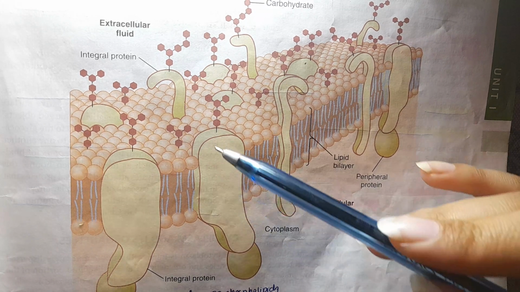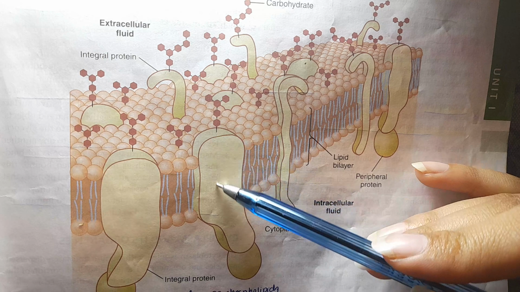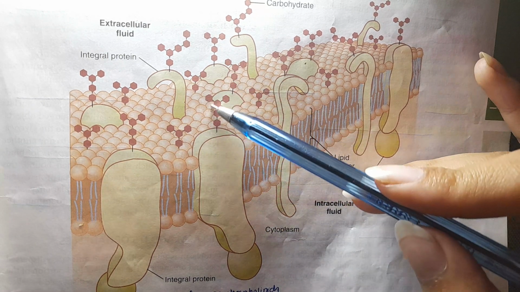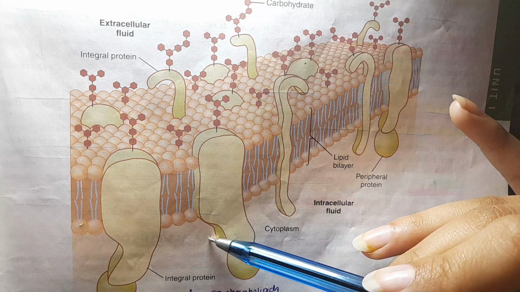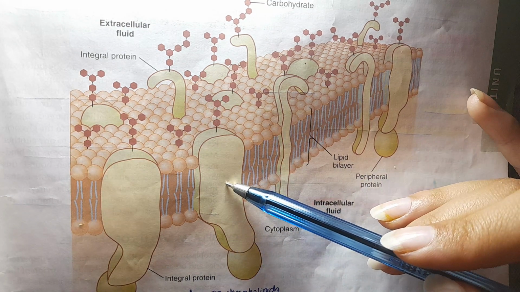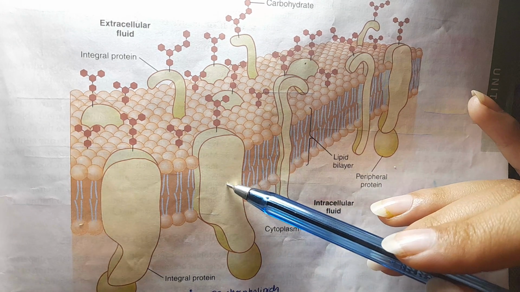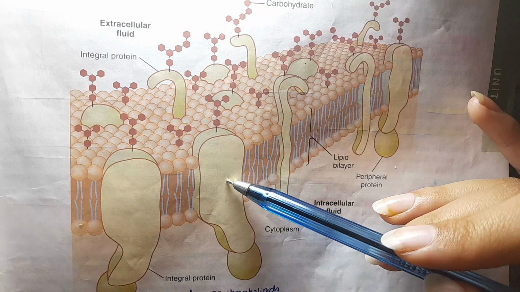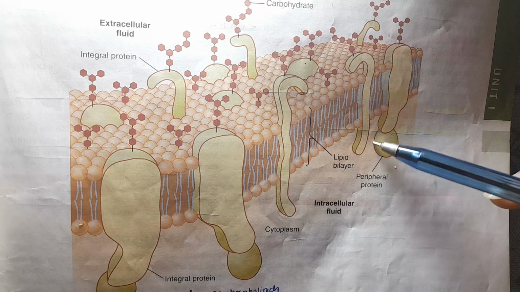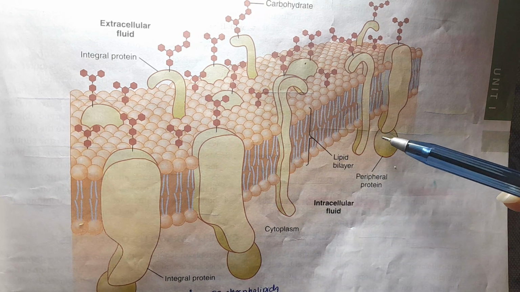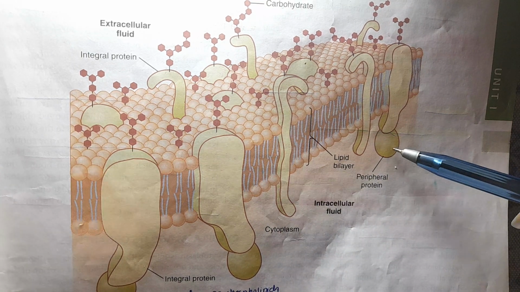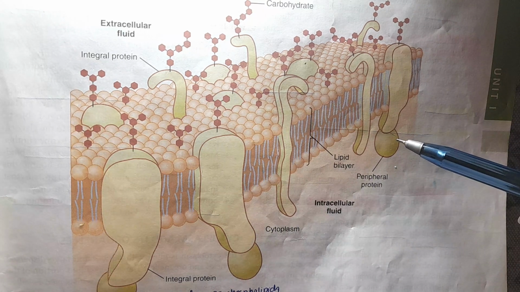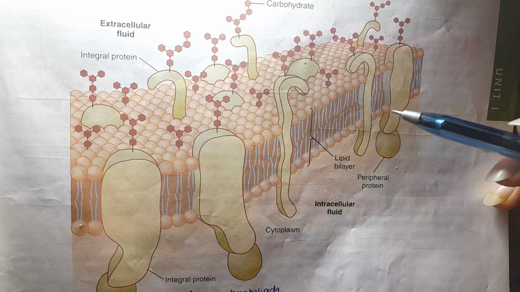One main function is that they act as channel proteins, or carrier proteins that attach with substances and allow their movement inside. They can act as enzymes and as receptors, and the receptors are ligand gated or voltage gated. Whereas the peripheral proteins, which can be either outside or inside, are mainly enzymes, and secondly, they can provide certain pores.